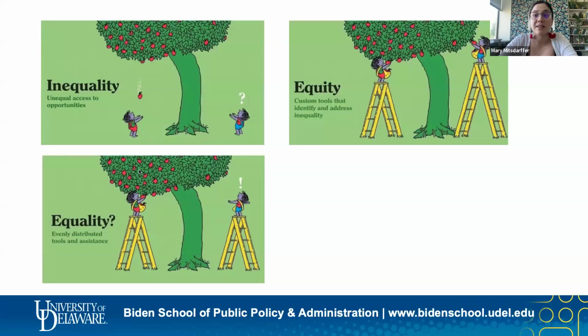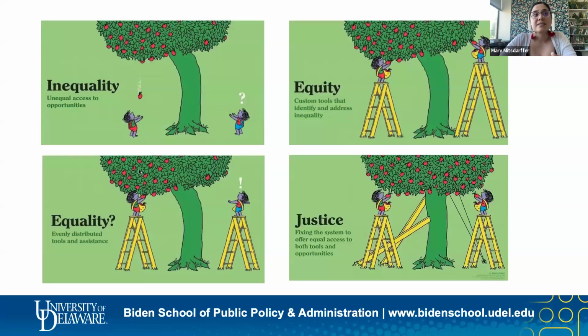So in this graphic on the top right side of your screen, you're seeing two kids on ladders, one with a higher ladder, and both are able to get apples. And justice is fixing systems to offer equal access to both tools and opportunities. So in this, we're seeing that not just the ladders are appropriate, but also that the tree is starting to get supports where it was bent before.